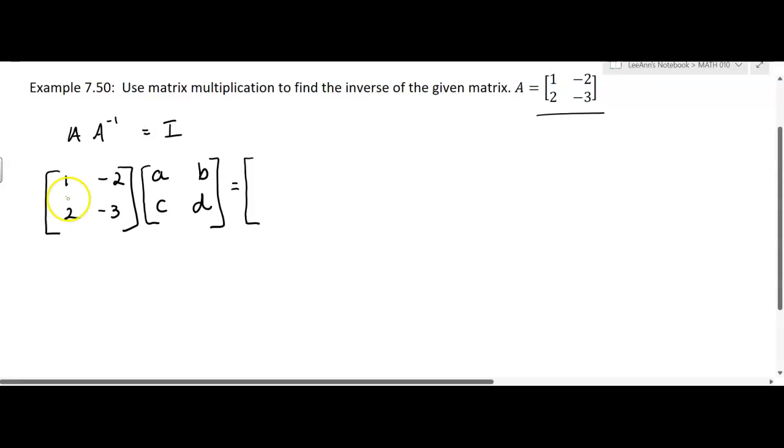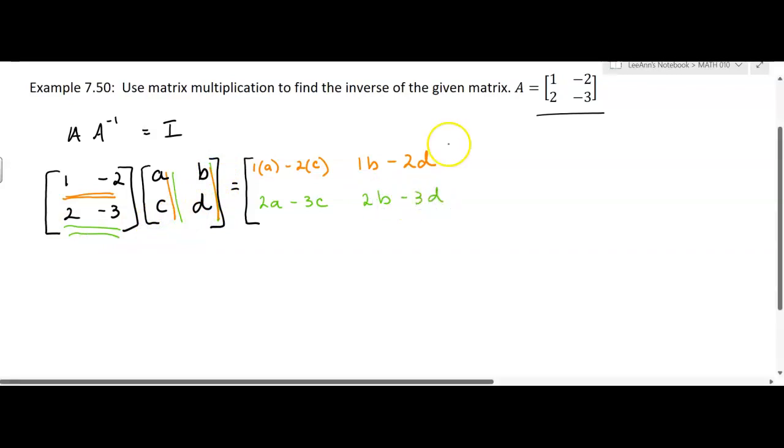First row, first column: 1 times A minus 2 times C. Then first row, second column: 1 times B minus 2 times D. Now second row, first column: 2A minus 3C. And then second row, second column is going to be 2B minus 3D.